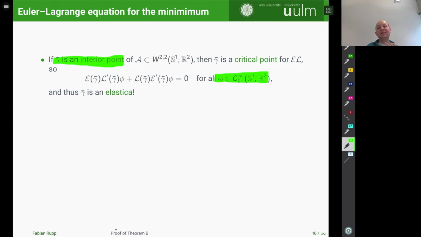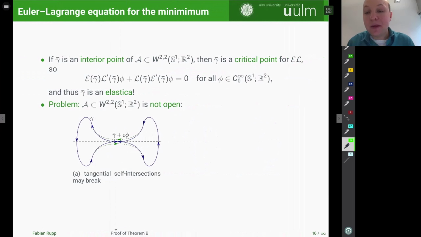Unfortunately, the problem here is that the set A is not an open set. So the set A was the non-embedded immersions, which is not an open subset in the W22 topology. And let me give you an example of what can go wrong. This is the picture you can see.